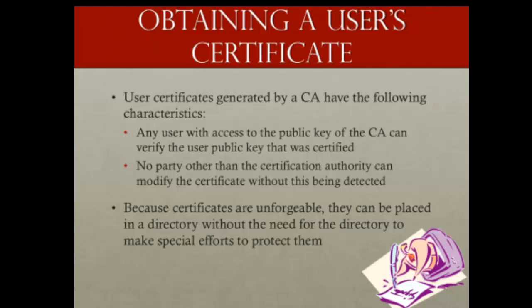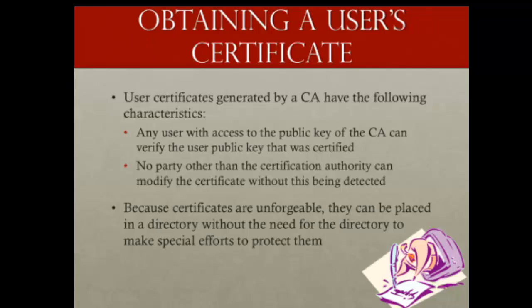Okay, let's talk about obtaining a user's certificate. User certificates generated by a CA have the following characteristics. Any user with access to the public key of the CA can verify the user public key that was certified. No other party other than the certification authority can modify the certificate without this being detected.